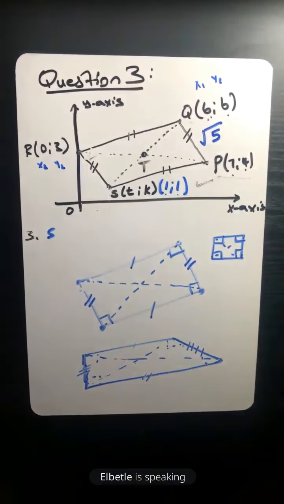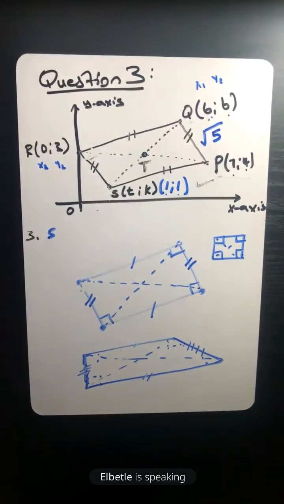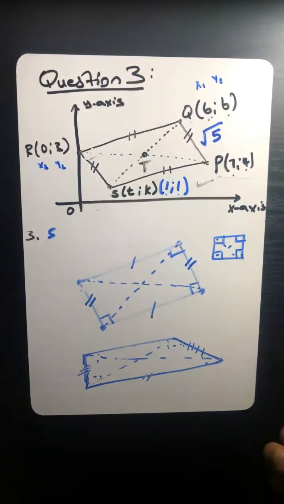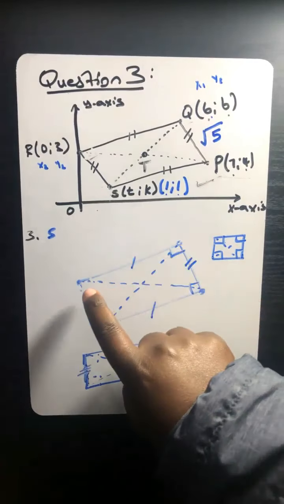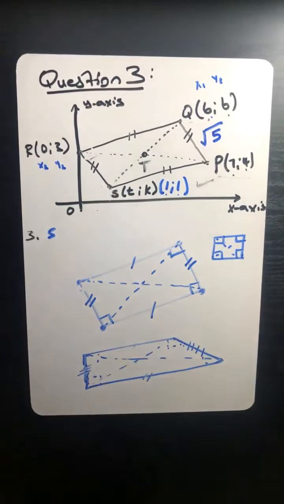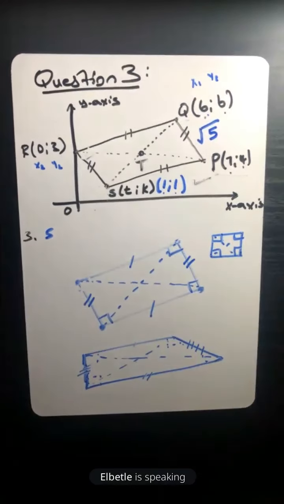I was saying that, does it mean that it's a straight line joining two opposite corners of a square or rectangle? So you're asking if that is a straight line and also that is a straight line? Yes, a straight line joining two opposite corners.